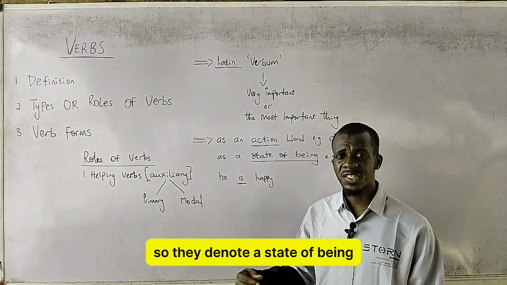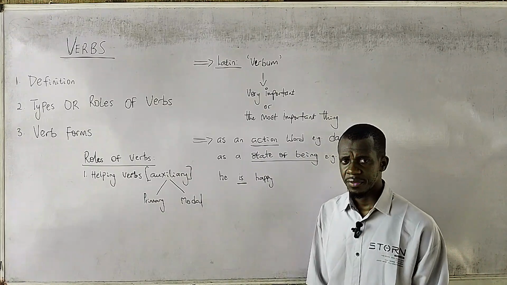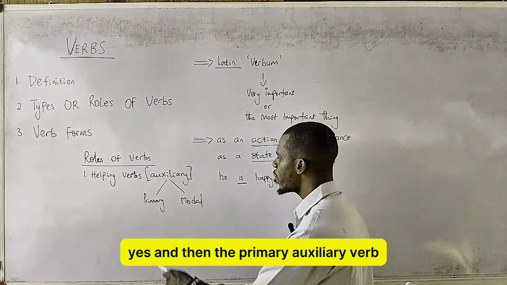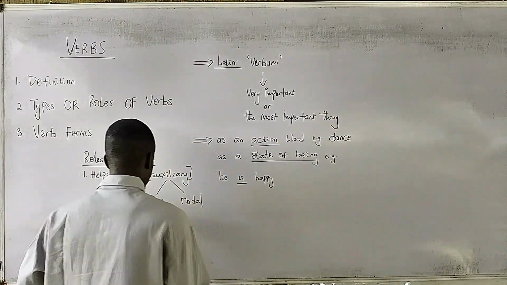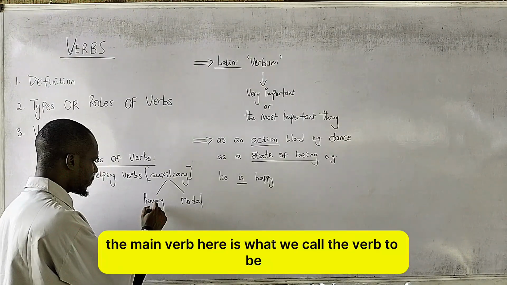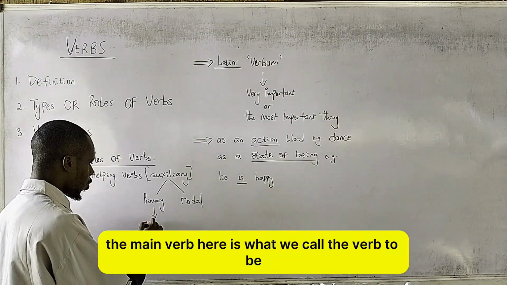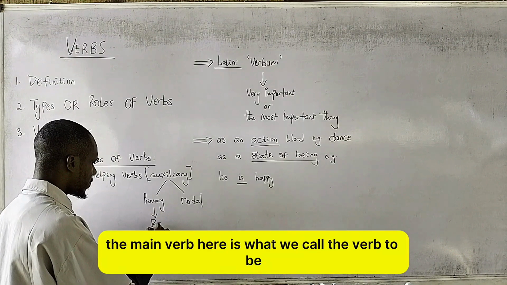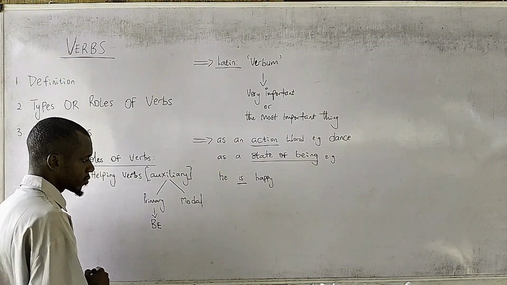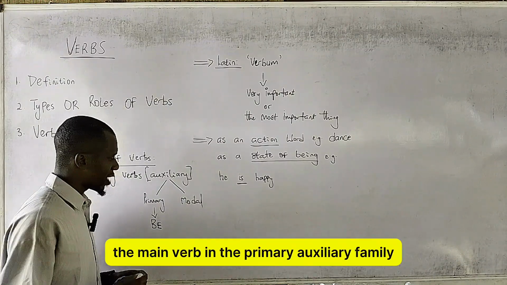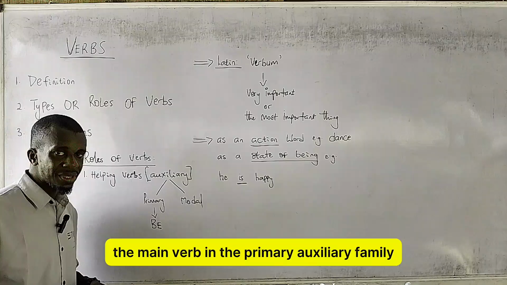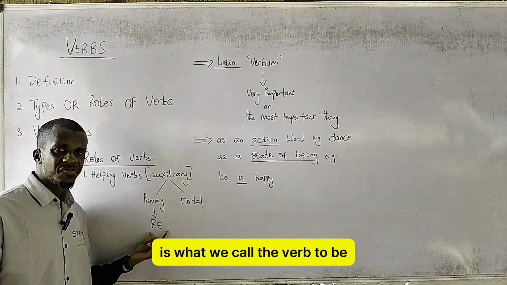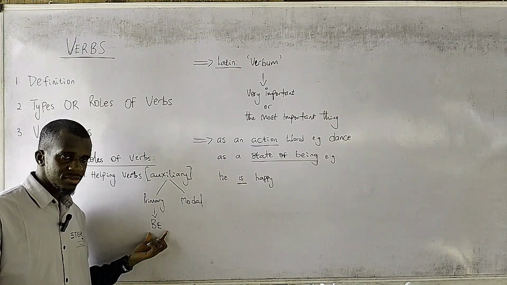So they denote a state of being. And then the main verb in the primary auxiliary family is what we call the verb to be.